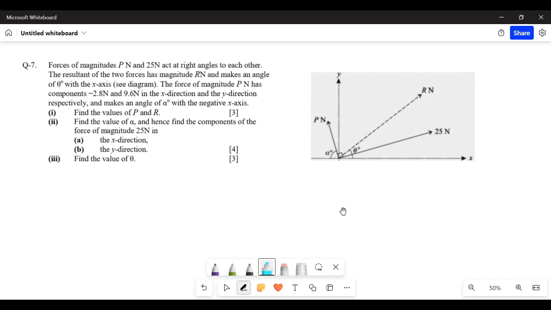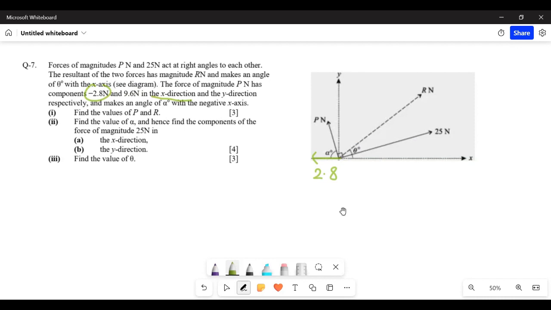The force of magnitude P Newton has components of minus 2.8 Newton and 9.6 Newton. Now, what is the meaning of this minus 2.8? That's in the x direction. It's minus because it's pointing towards the left, but you're going to ignore the minus, point it towards the left, which shows that it's negative since it's a vector, and just take the magnitude 2.8.